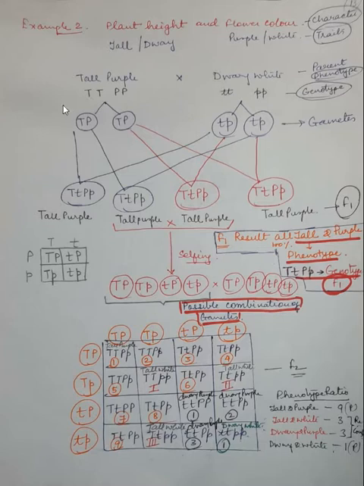Then the genotype, how the alleles will be represented: capital T with the different gene, capital P, and the different form of this gene, the allele, small t, small p. And when they are crossed, the gametes formed are capital T, capital P, small t, small p.